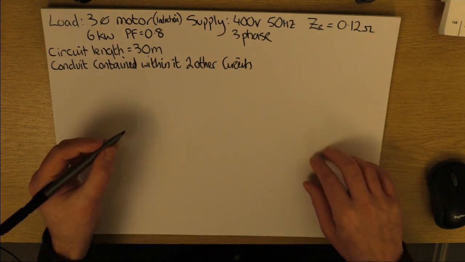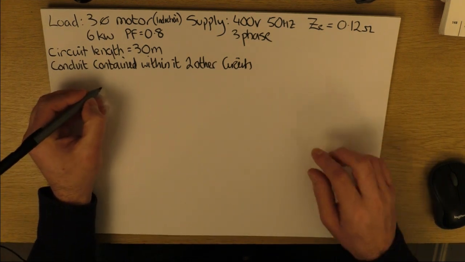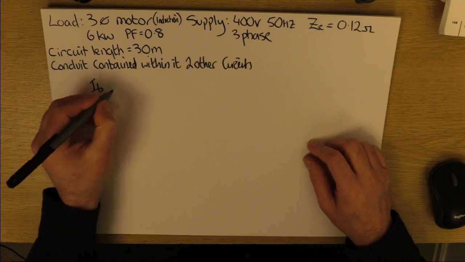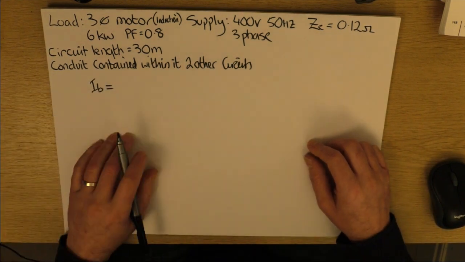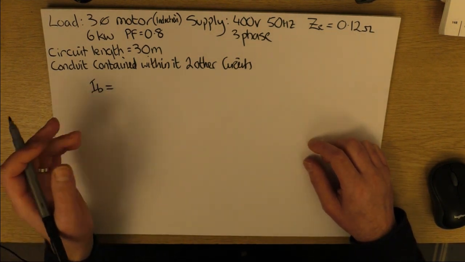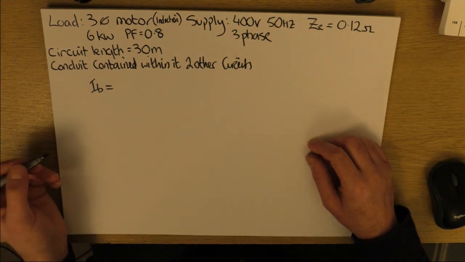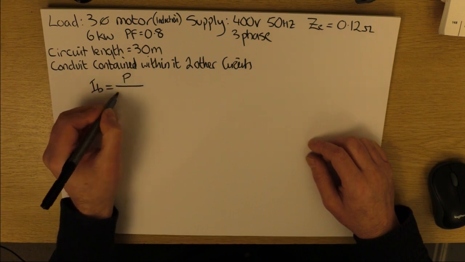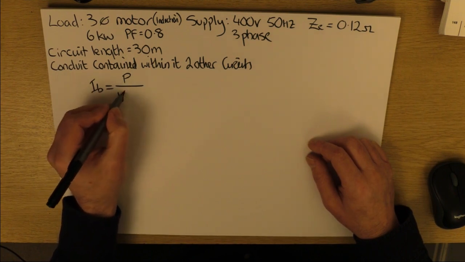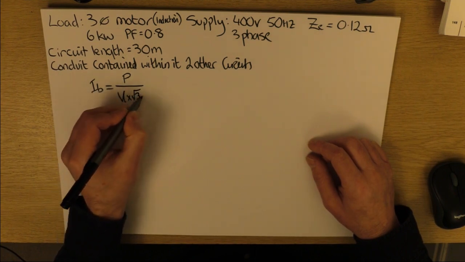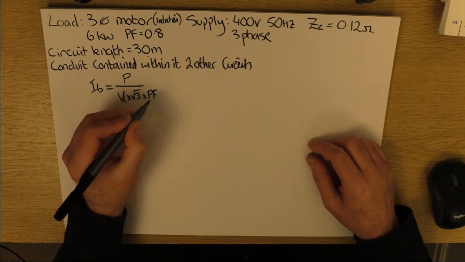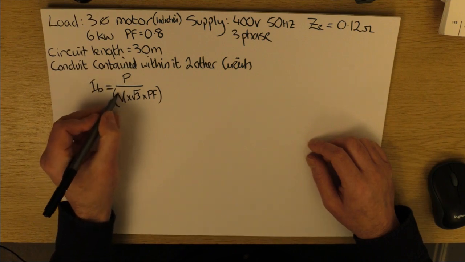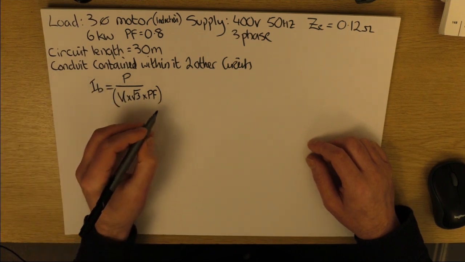But anyway, this is just level 3, and with level 3 and any level actually, we always start with our design current. Now this is a three-phase load with power factor. So the equation we're looking for is going to be U times √3 times any power factor and times efficiency, but we're not going to bother with that. That's supposed to be a U, by the way, sorry.